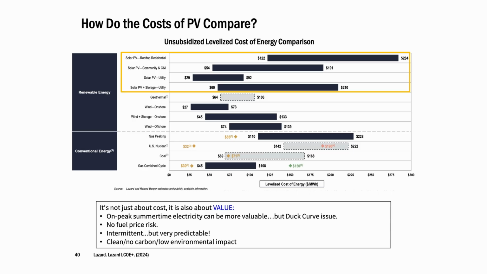And because of this, it's one of the reasons why the Edison Electric Institute several years ago coined the term the utility death spiral, because as more and more customers get rooftop solar, that means that they're unable to recover their costs for the grid, and they have to raise rates for everyone else, and that results in higher incentives for everyone else to go solar, ultimately bankrupting the utility.